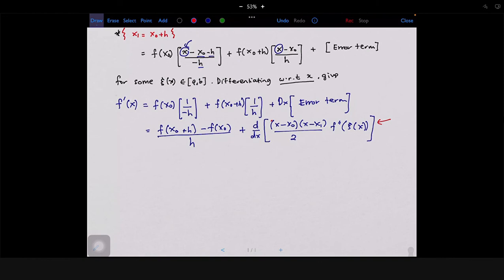This is a product rule, since it involves x, and zeta also involves x, so we let u and v.